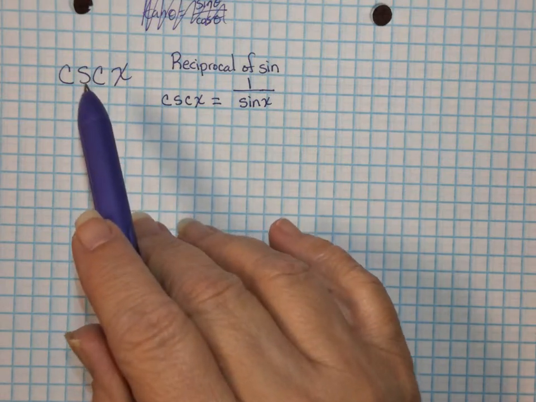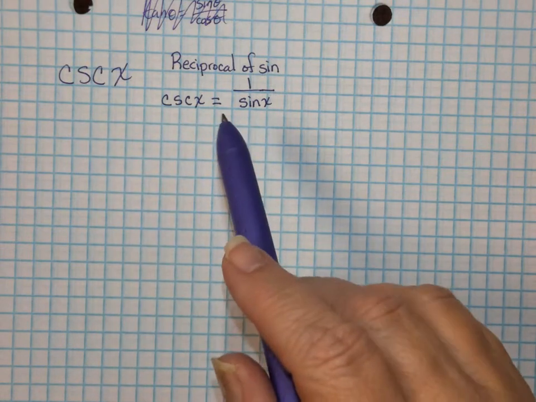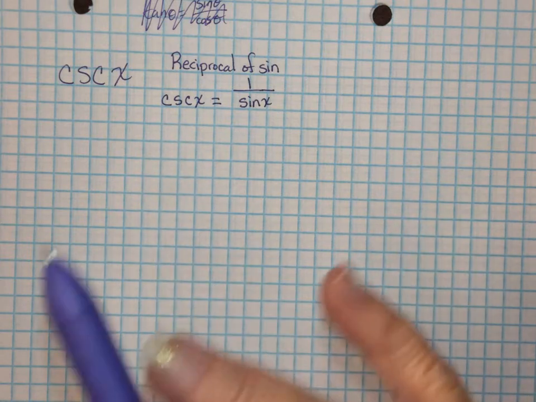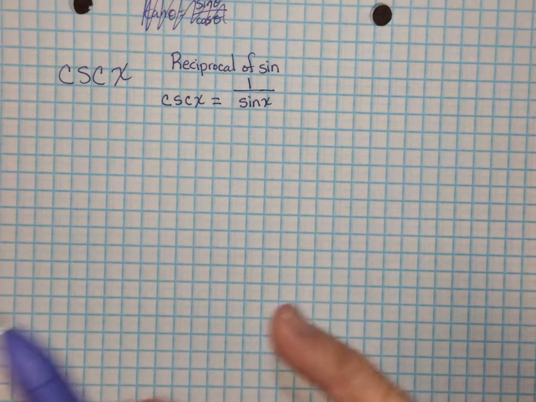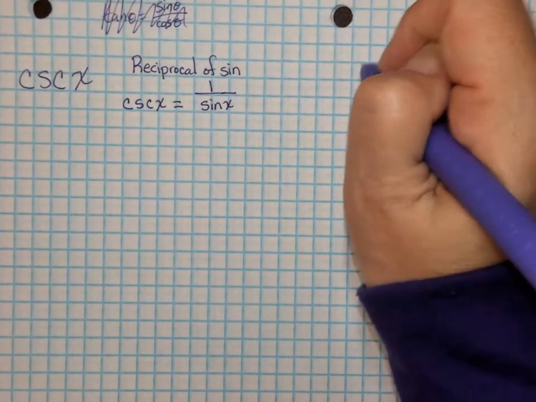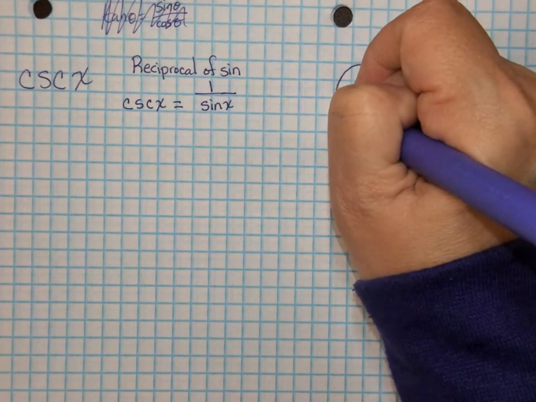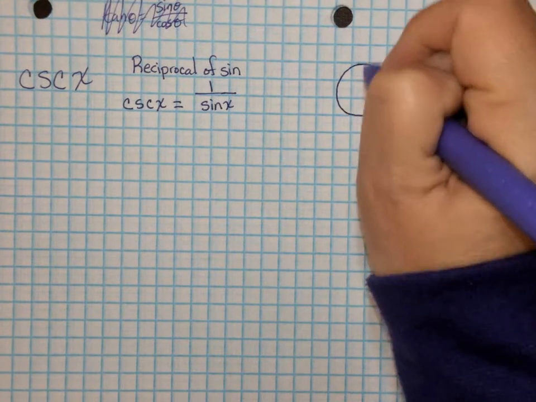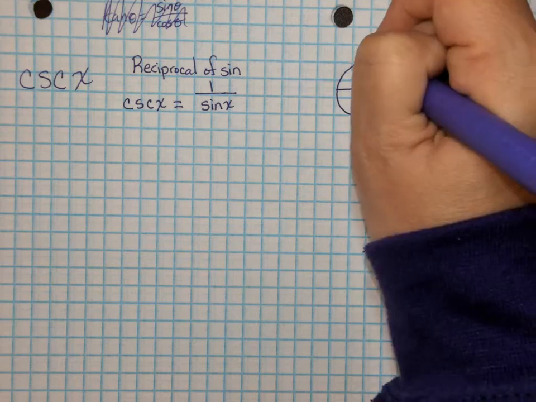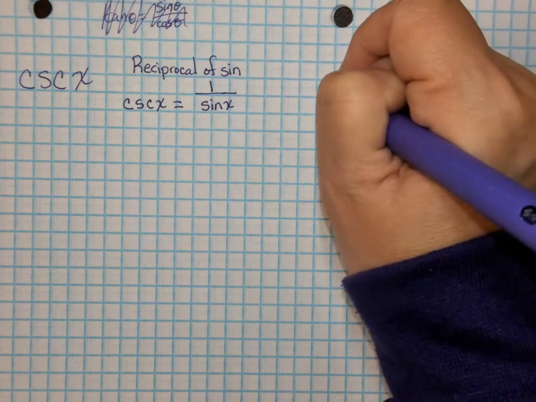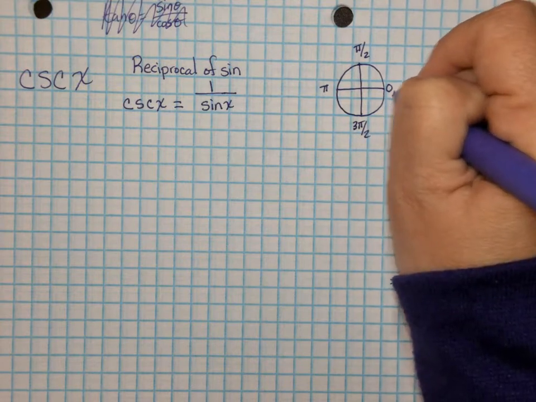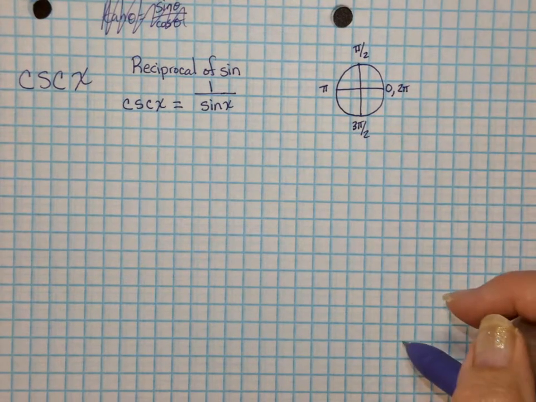And so when we want to graph cosecant of x, we're going to be using sine x as our base function to compare it to. So if we go back to the basics of the unit circle, we're going around the unit circle, 0, pi over 2, pi, 3 pi over 2, back around to 2 pi.